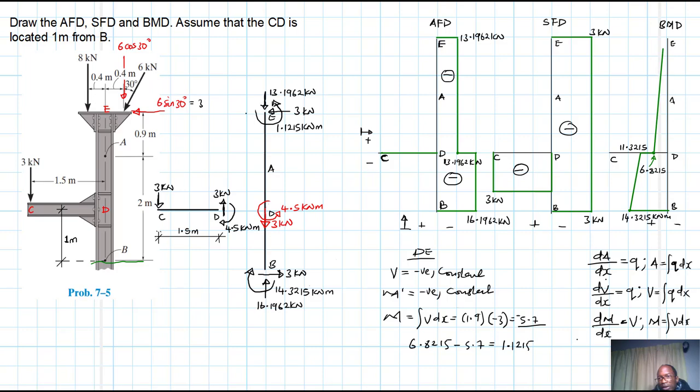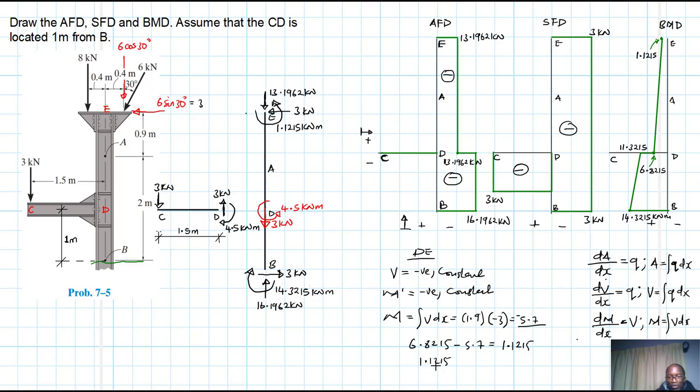So from here we expect our moment reducing linearly up to E. Okay, and then this final value here, I know my diagrams are small because I lacked a little bit of space, this value here is equal to 1.1215 kilonewton meters.